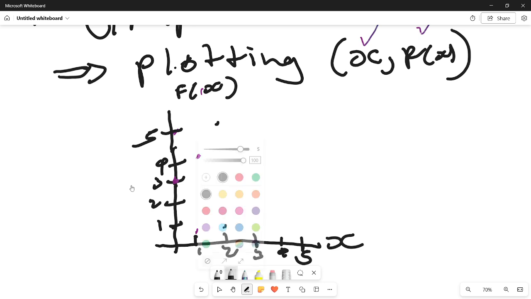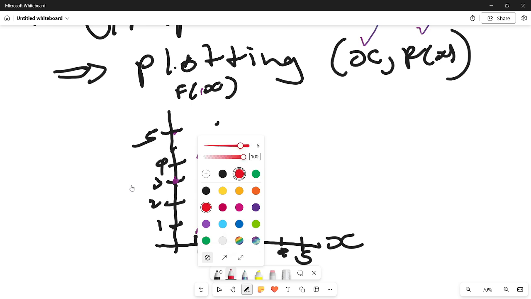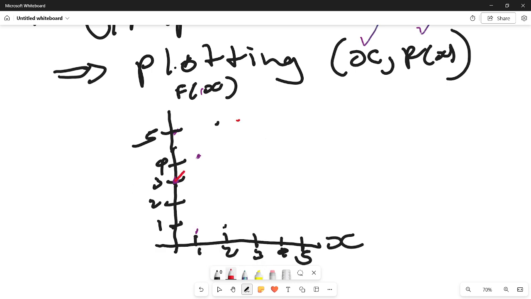So we join the points. We have our straight line. We can extend it. Let me try to use red. So we basically have a straight line.